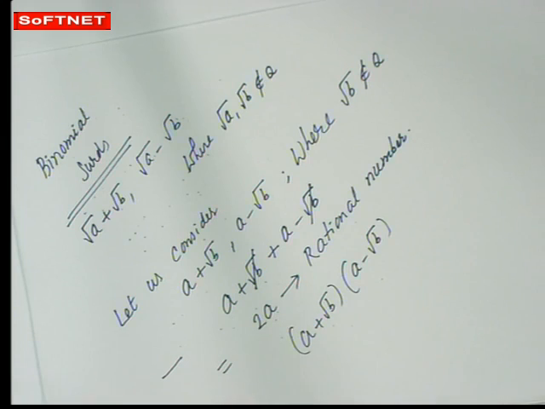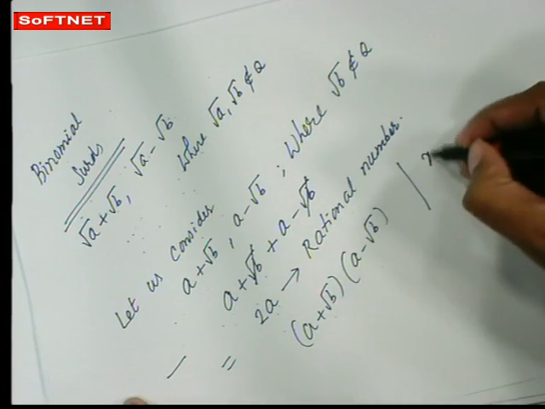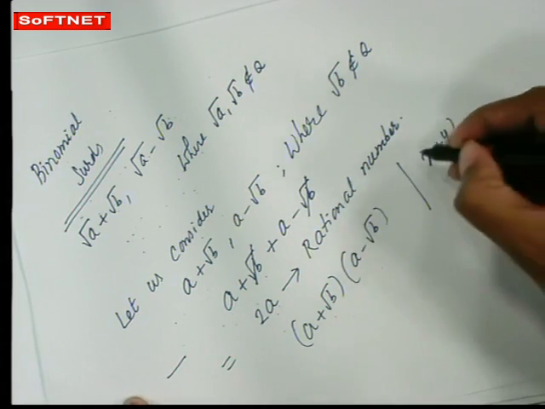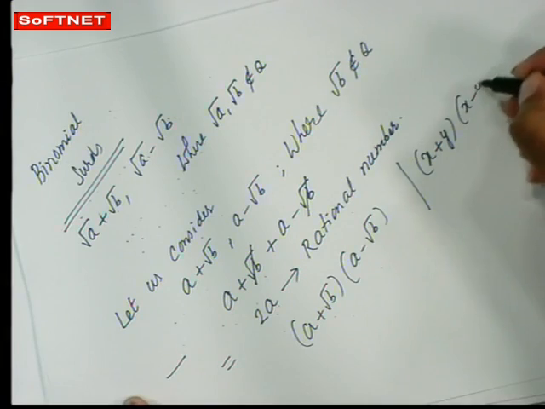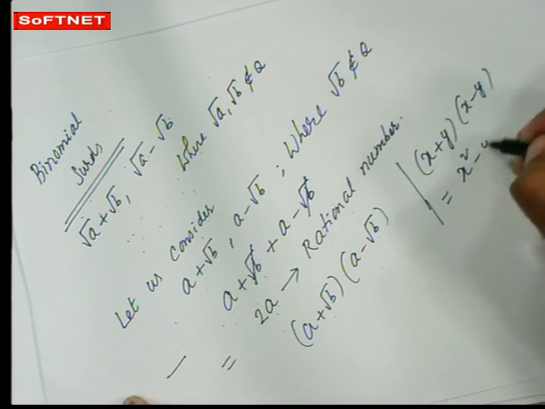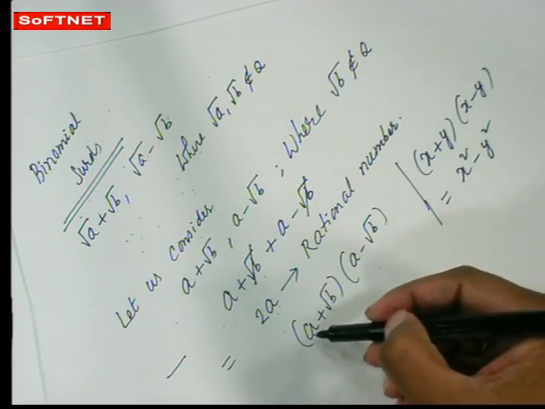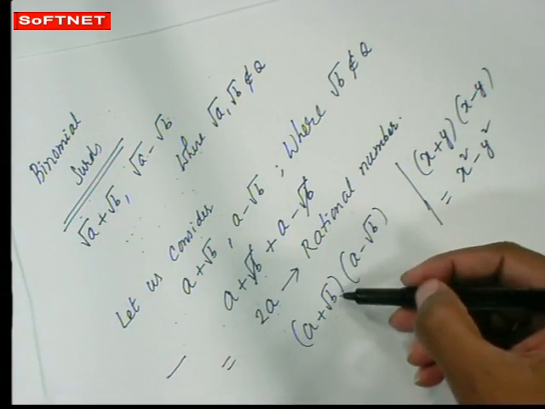This can be multiplied using one of the important algebraic identities, that is, x plus y multiplied with x minus y equals x square minus y square. Here x stands for a, y stands for root b.